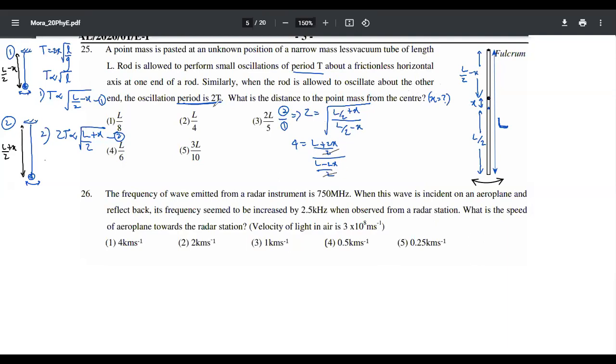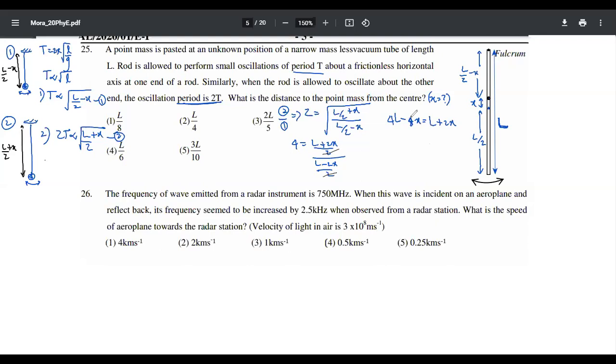2 gone, right? First multiply it, what will you be getting? 4L minus 4x equal to L plus 2x. Did I make a mistake? Oh, sorry. 8x, no?